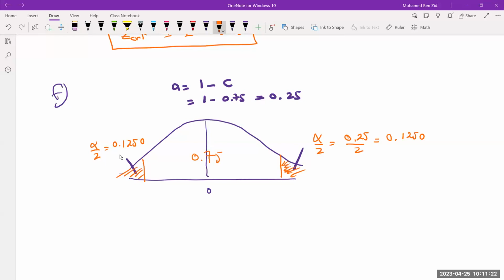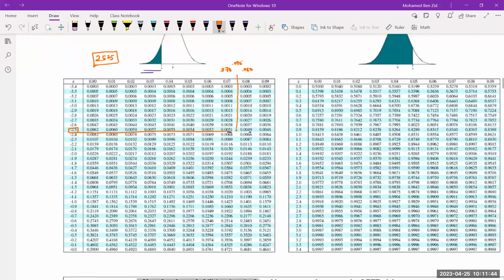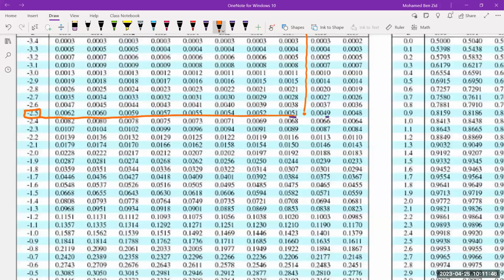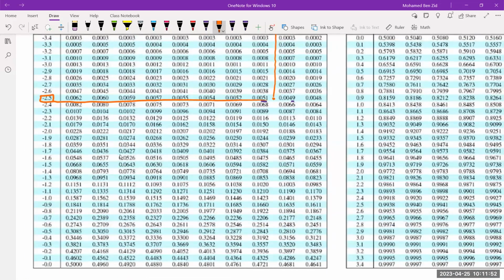Now, if you are looking for Z alpha over 2, which is Z of 0.125, you're going to go to your Z table again and look for 0.125. That's what you're looking for, and I think this is the closest one. This is the value here.